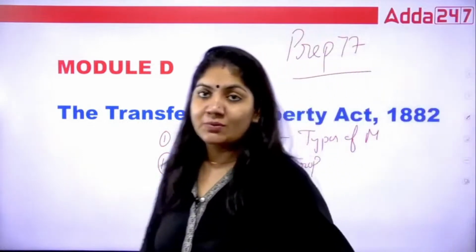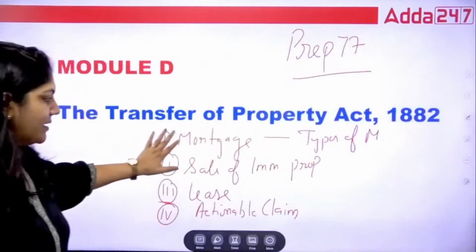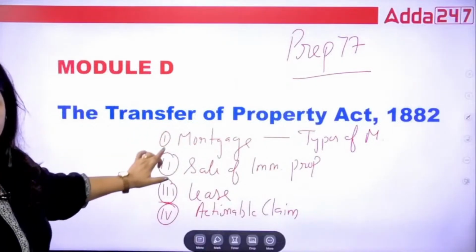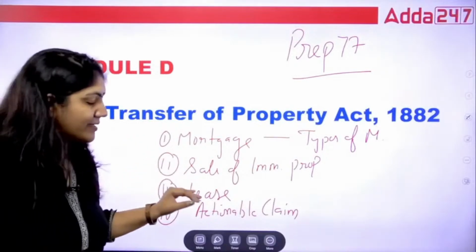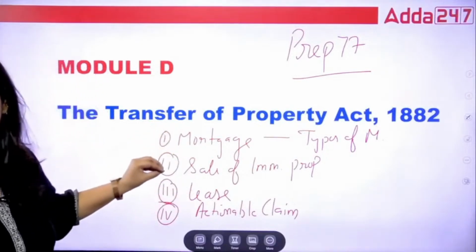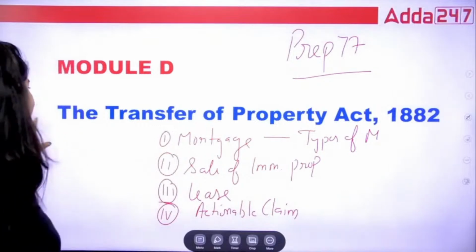In this act you have to study these four concepts: what is mortgage, what is sale of immovable property, what is lease, and what is actionable claim. These are the only 4 points that you have to study in the Transfer of Property Act.